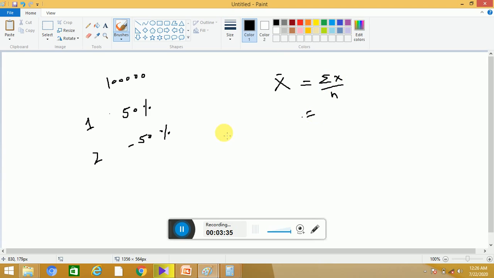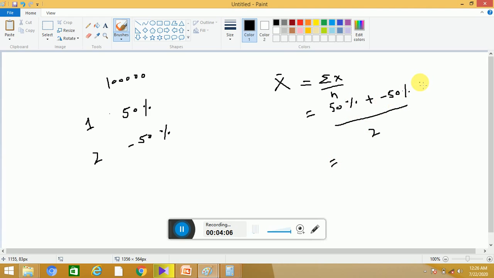Summation x, first year return plus second year return, divided by n, so 50% plus minus 50%, divided by 2.